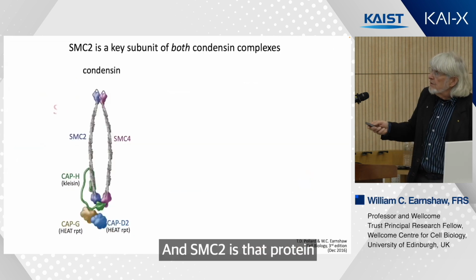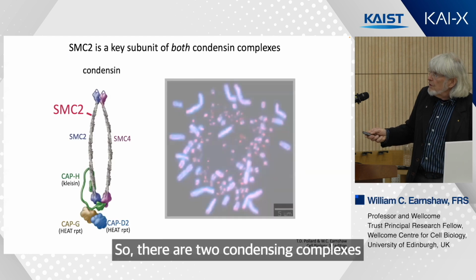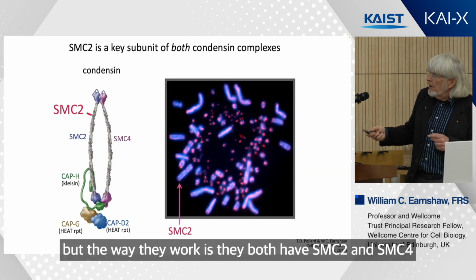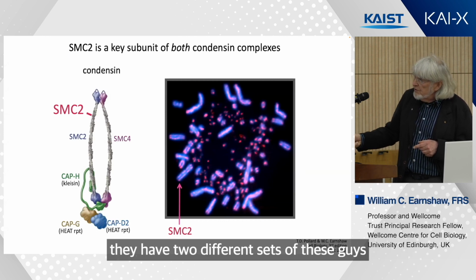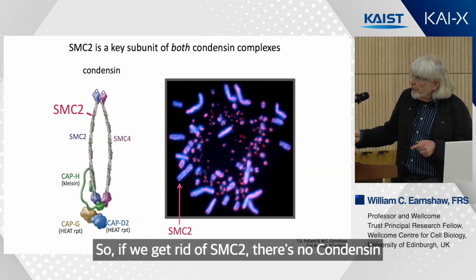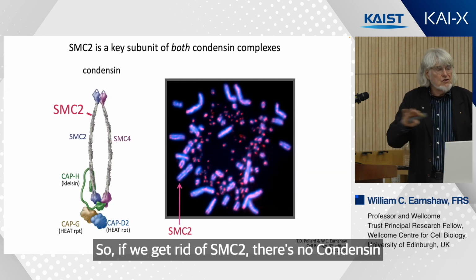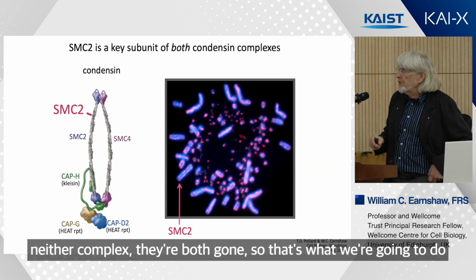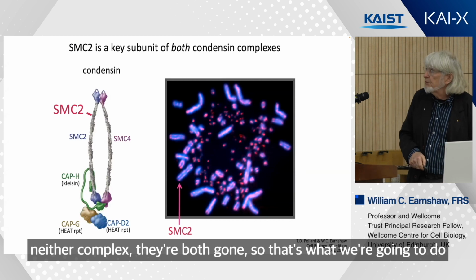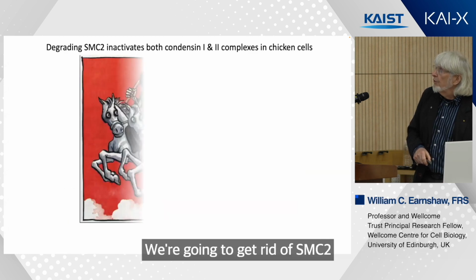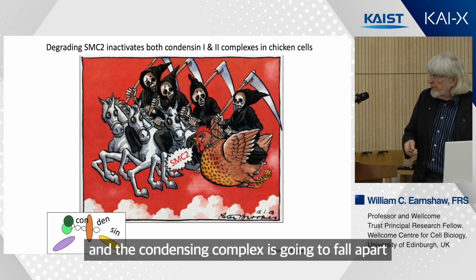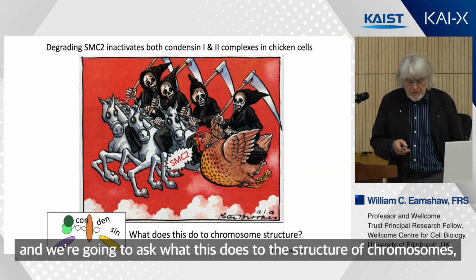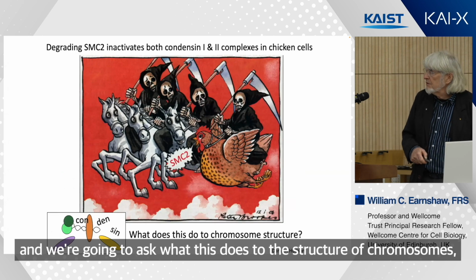There are two condensin complexes, but they both have SMC2 and SMC4, with two different sets of the other subunits. So if we get rid of SMC2, there's no condensin, neither complex. They're both gone. So that's what we're going to do. We're going to get rid of SMC2, and the condensin complex is going to fall apart, and we're going to ask, what does this do to the structure of chromosomes?